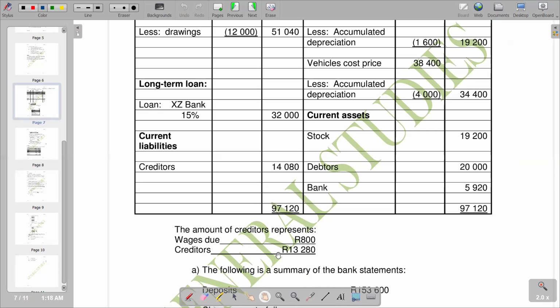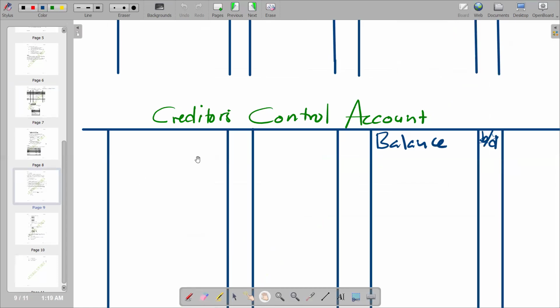That's the one that we are supposed to put as our opening balance in the creditors control account, which is 13,280. So here we are saying the amount that we have is 13,280. So with that now we can also be able to enter some of the transactions. Remember, the figure for purchases is also supposed to be on the credit side.